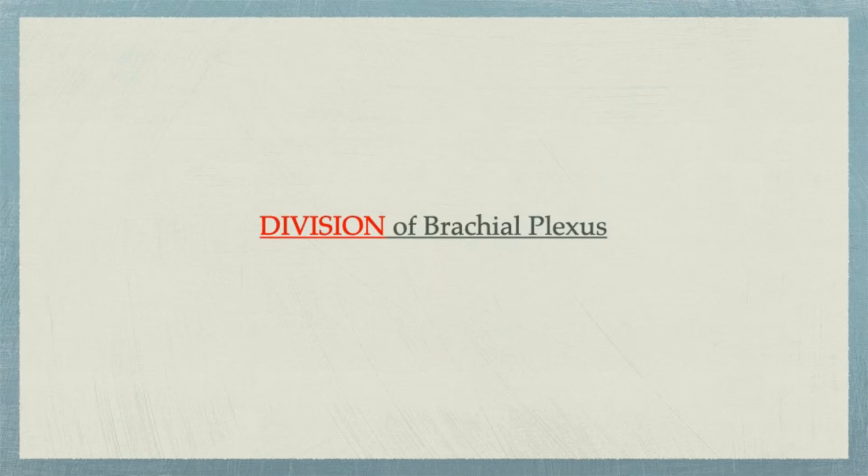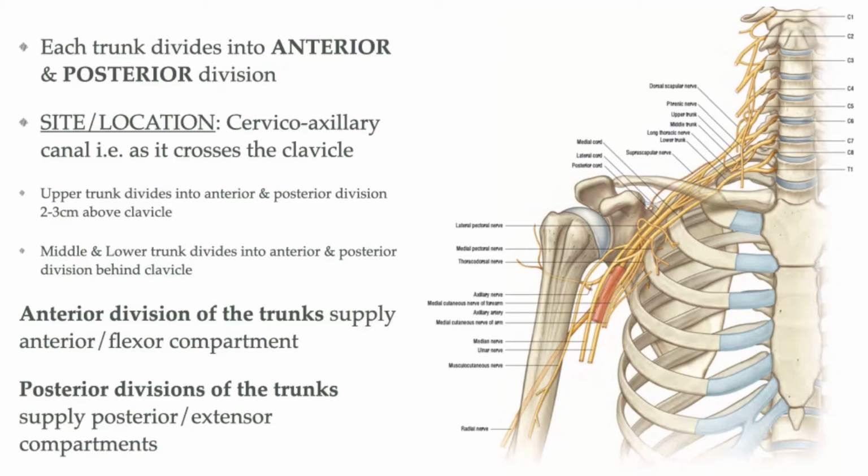Now let us start with the divisions of the brachial plexus. Each trunk of the brachial plexus divides to form two divisions, anterior and posterior. It is the division of the brachial plexus which passes through the axillary inlet to enter into the axilla, and hence it is the division which lies posterior to the clavicle and forms the retroclavicular part of the brachial plexus.